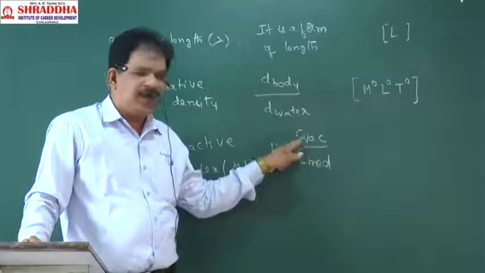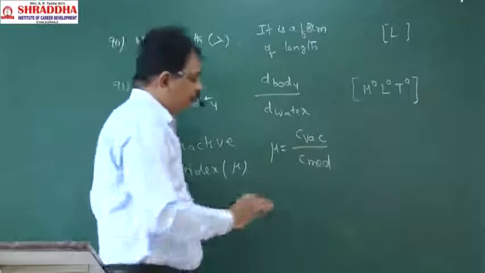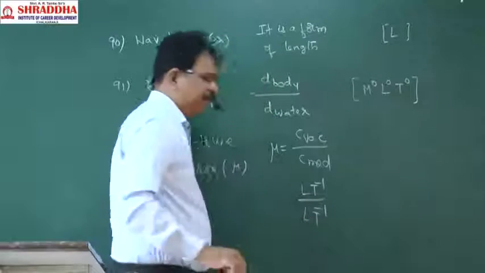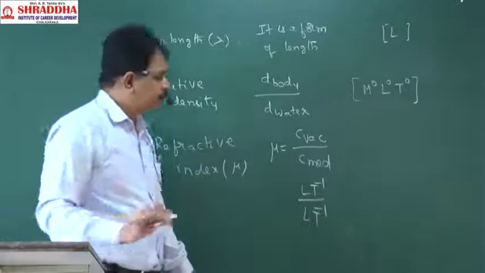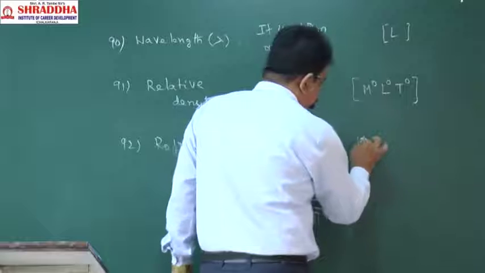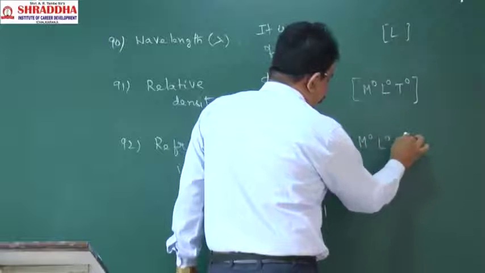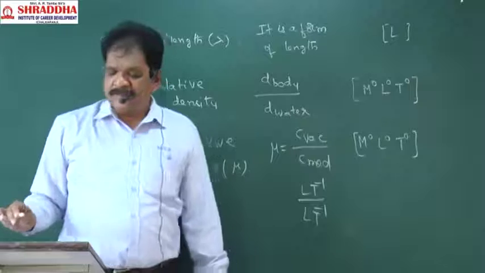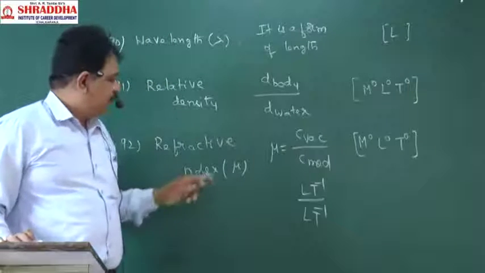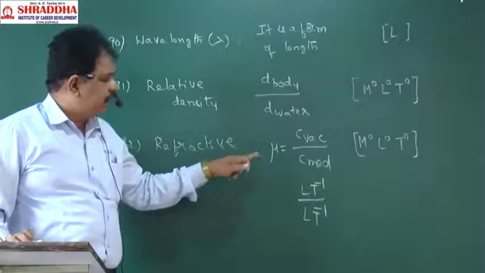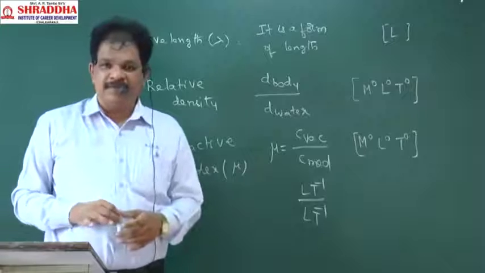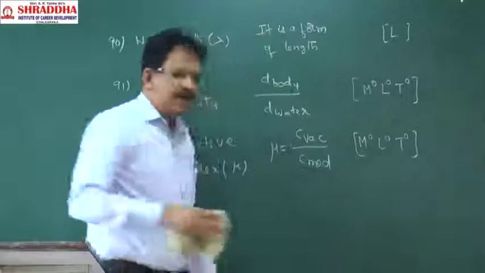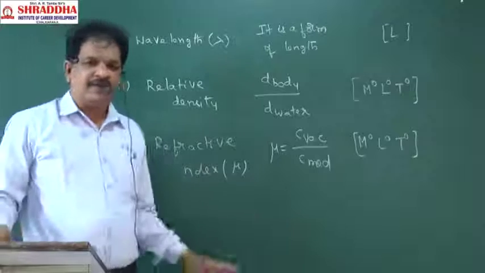Both will have velocities only. So the velocity dimensional formula is LT power minus 1 over LT power minus 1. So we will get here M power 0, L power 0, T power 0. Clear? So it does not have any dimensions. That is the dimensional formula of refractive index.